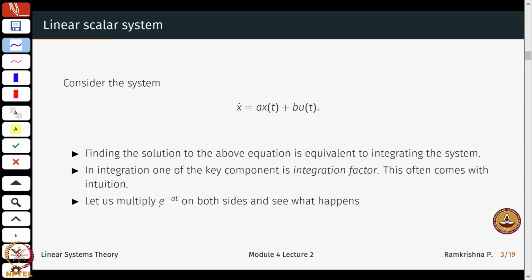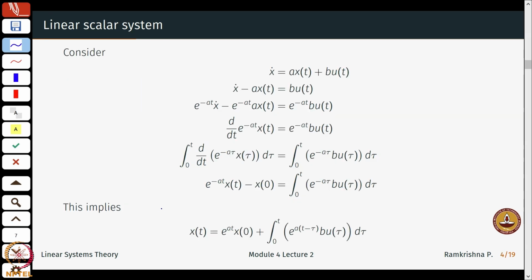So I just say x dot equal to Ax plus Bu, and finding solutions is, as usual, again integrating the system. Just following some of the tricks that we used to solve equations of this kind, let us say I multiply both sides by e power minus At and do all the relevant steps.